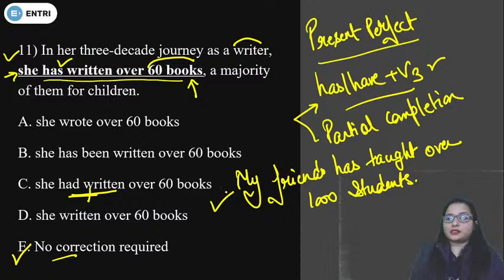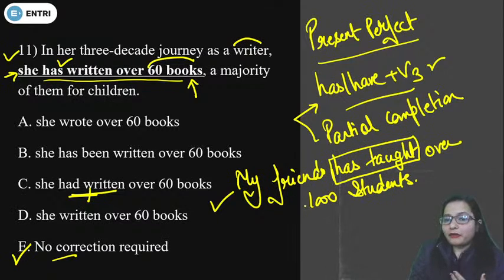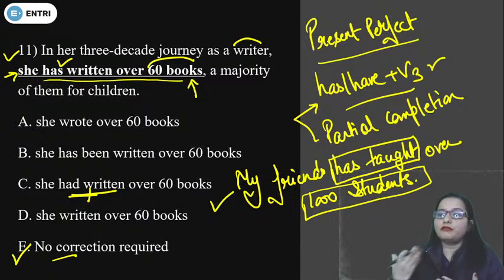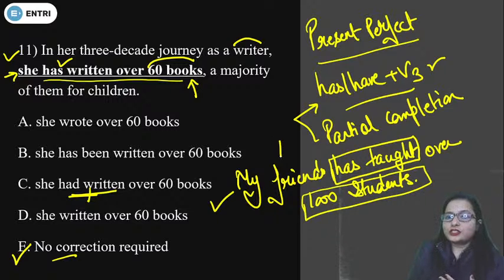No, this is a correct sentence because has taught shows us the partial completion, that my friend has taught these 1000 students, and there are chances that he or she will teach more students in the future. Okay, she or he doesn't stop teaching, right? So in this context, we can use present perfect tense.